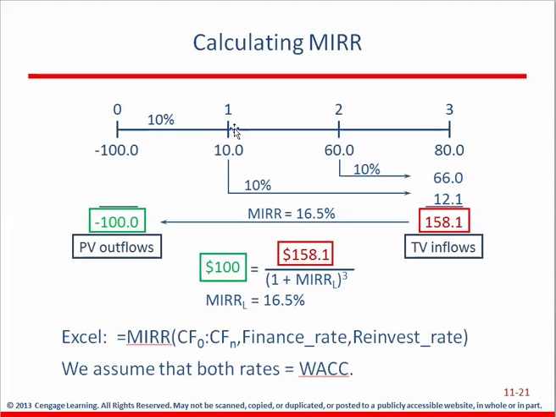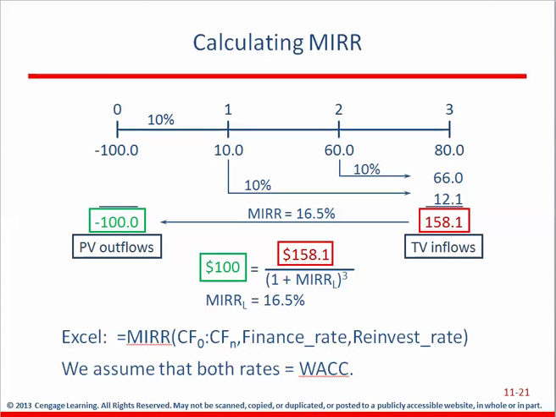But we want to get all of our positive cash flows out here at the end, compounding interest at the cost of capital, and then we want to bring any negative cash flows to time zero. Well, in this problem, we only have one, and it's already there. But if we had a negative cash flow here somewhere, we would discount that negative to time zero and add it to this to get all the negatives at time zero, all the positives at time 3.